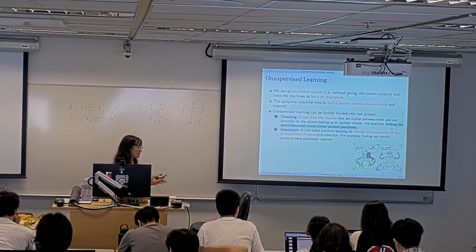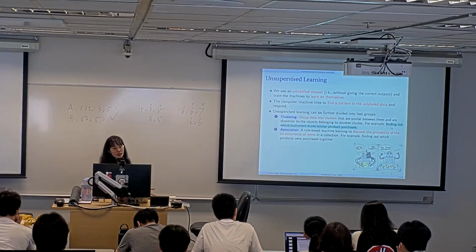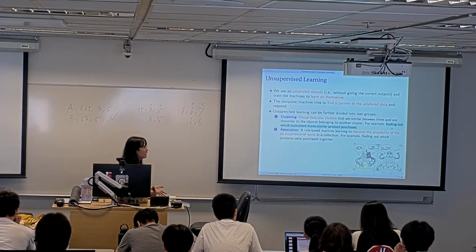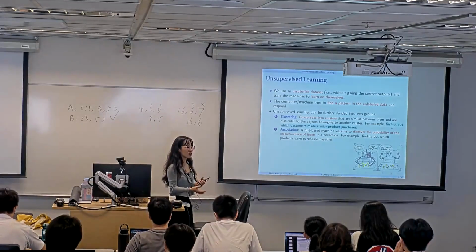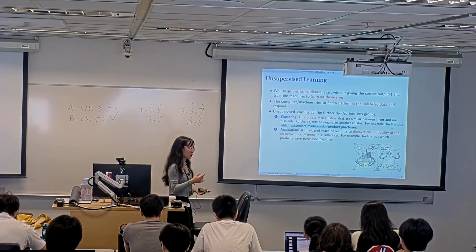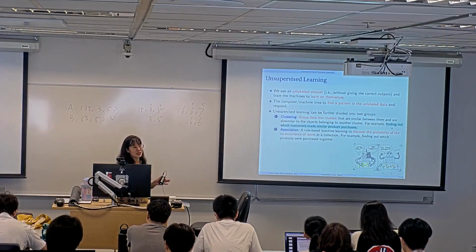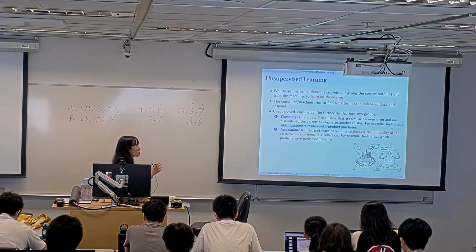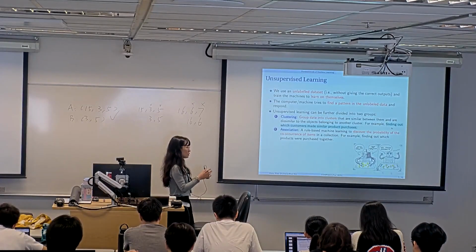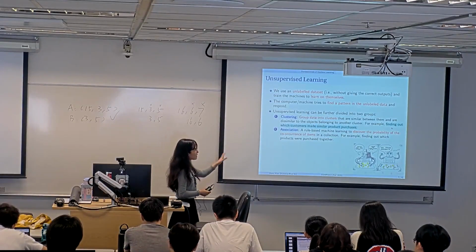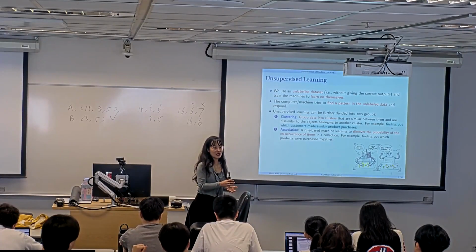When you do online shopping, for example in Amazon or Taobao, the platforms will extract your data, like your purchase history, and then try to cluster the customers, grouping similar customers together. If you and your friends buy some similar products, then possibly you will be in the same cluster.